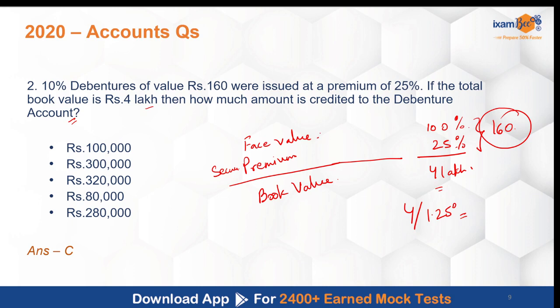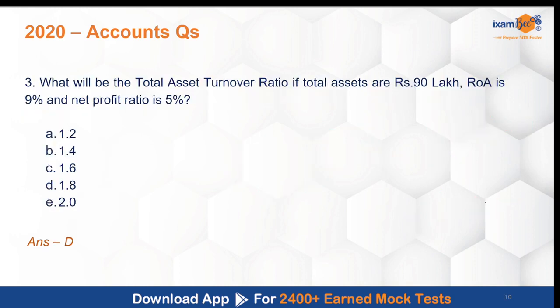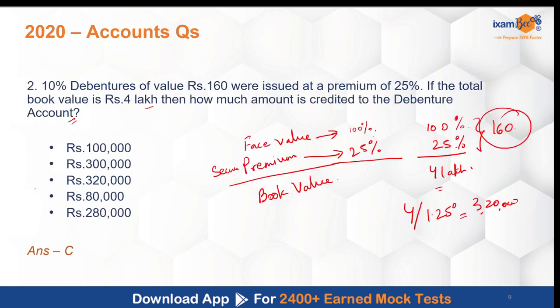Debenture account is always credited with the face value. Share premium is the excess that is over and above, right? So share premium will be the 25% and this will be the 100% face value. So 4 lakh divided by 125% would give you 3,20,000, which is what your answer will be here.